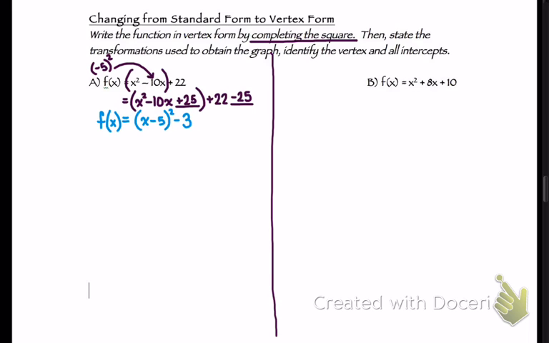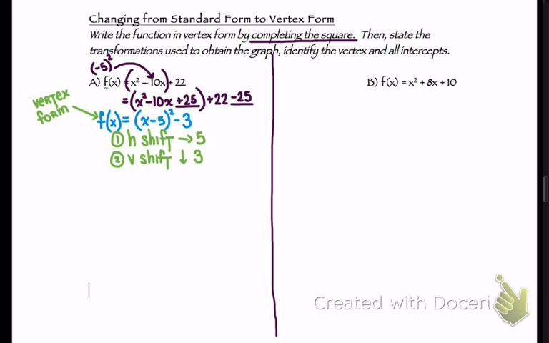I ask you to look at the directions, then state the transformation used to obtain the graph. Think about your transformations. What are they? Well, you should be saying that my transformations, first one is a horizontal shift right 5. Second one would be a vertical shift down 3. So if I asked you to graph this function, now you'd be able to graph it in no time.